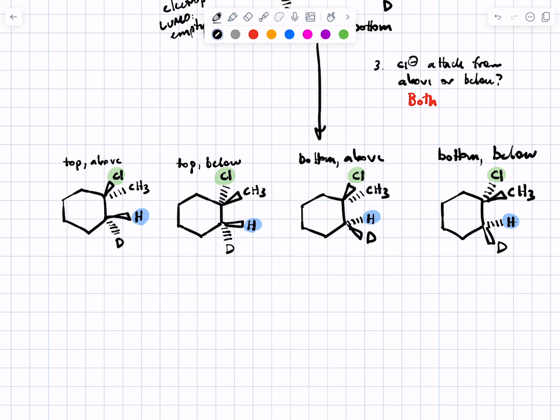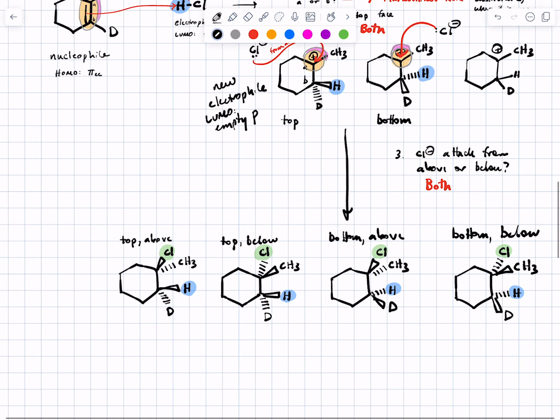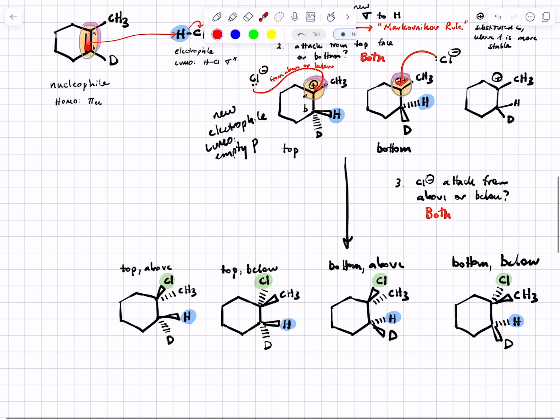And let's sort of describe these products. In the top above product, the hydrogen and the chlorine are both wedges. They both end up on the same face of the original alkene. Here's the original alkene, and here you can see hydrogen and chlorine are both on the top face of that original alkene.